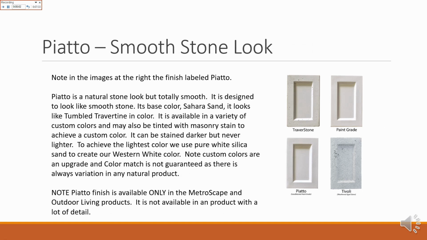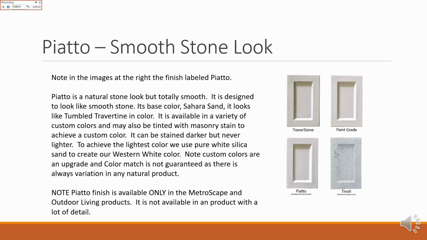Piatto. Piatto is a smooth stone finish. The important thing that you know about the Piatto is that it's only available on certain models. Pretty much all of the Metroscapes, the outdoor living products, and the simpler traditional designs can be surfaced in Piatto. But Piatto is not able to get into the little detail lines on the very detailed traditional lines.